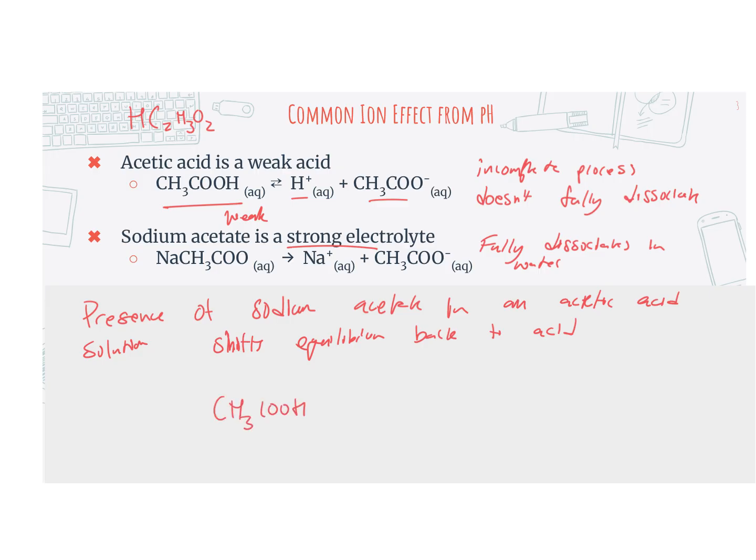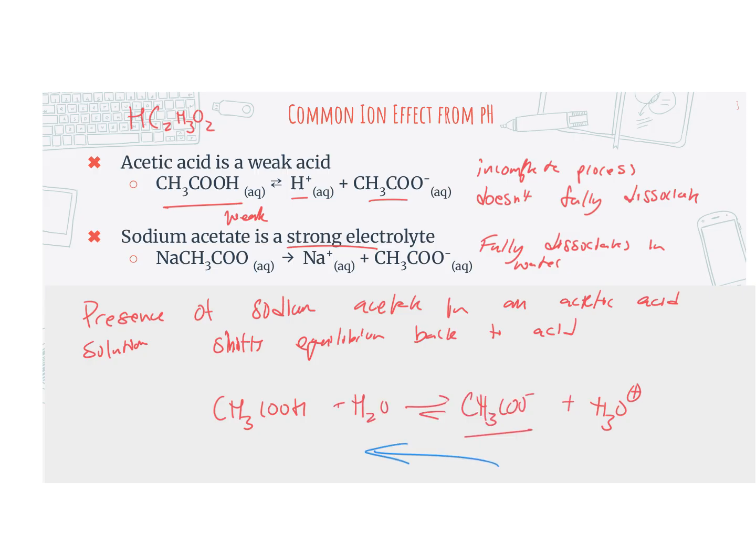The idea here is if I have CH3COOH plus water, that's going to make acetate ion, which is CH3COO- and H3O+. If I add this into my reaction, it's going to overall shift the equilibrium to the left.